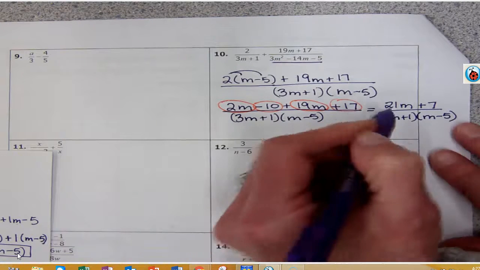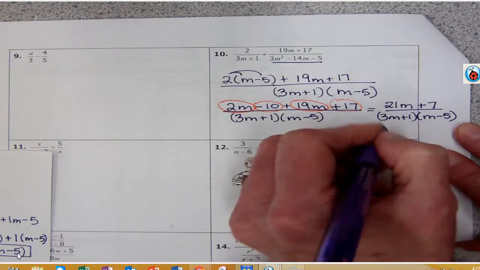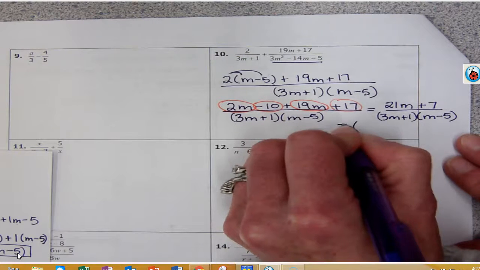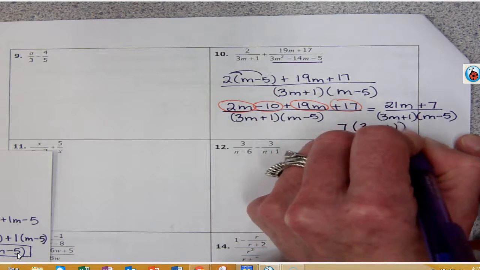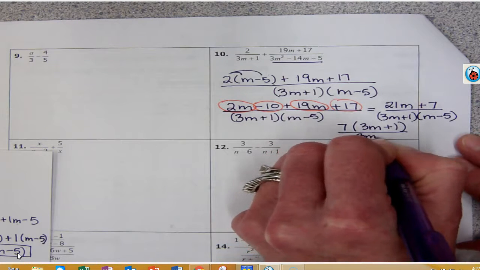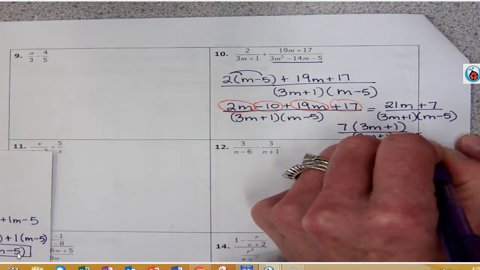Then hopefully you can see that you can factor out a 7 out of that top, out of your numerator. When I factor out a 7, I'm left with 3m plus 1 divided by 3m plus 1 times m minus 5.